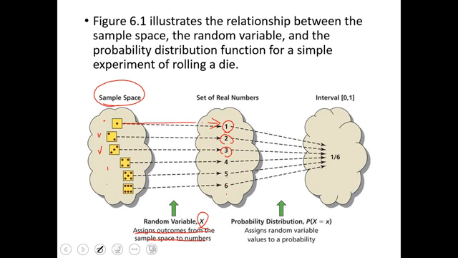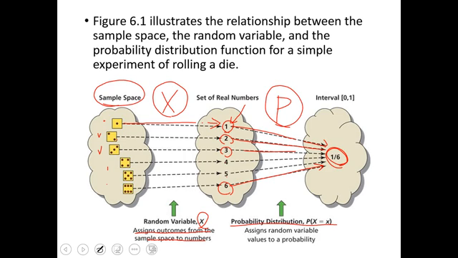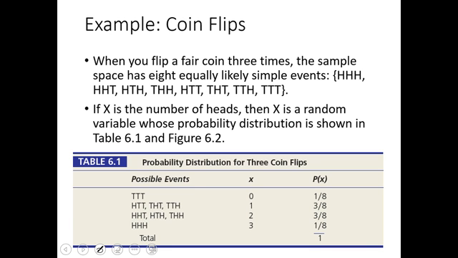Then the probability distribution is that the probability that the one-eyed face will come is 1/6. The probability of 2 is 1/6, and so on. The probability of 6 is 1/6. If this dice is fair, then we have this probability. So here is the random variable, here is the probability. So a random variable always goes together with probability. Another example is the coin flip.